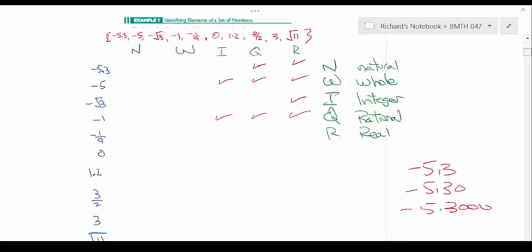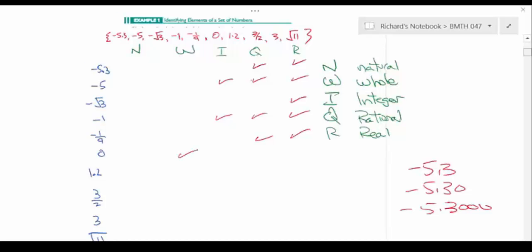Negative 1/9. Well, it's a ratio, it's a fraction. Doesn't matter the negative sign because you can have negative rational numbers. So negative 1/9 is a rational number and a real number. 0. Well, natural numbers don't contain the number 0, but the whole numbers do. So 0 is a whole number.